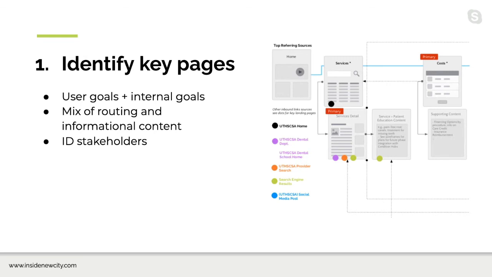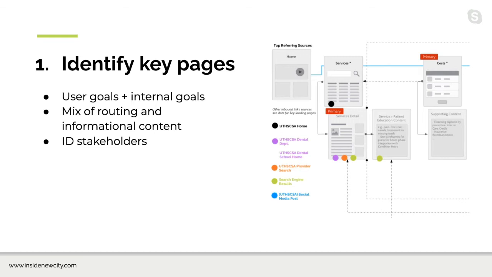So to find these pages, it's usually the ones that have user goals and internal goals in the same spot. So things that mix those. These are the things that the user is looking for, and these are the things that we want to say to them. We want them to understand this about us. So those are usually the top level pages on your site.